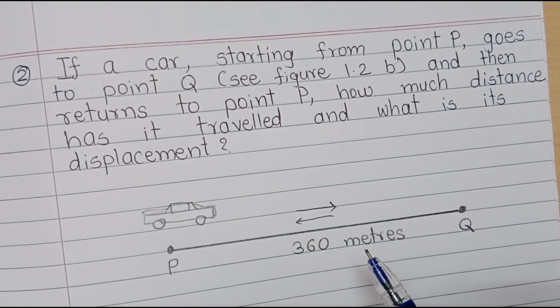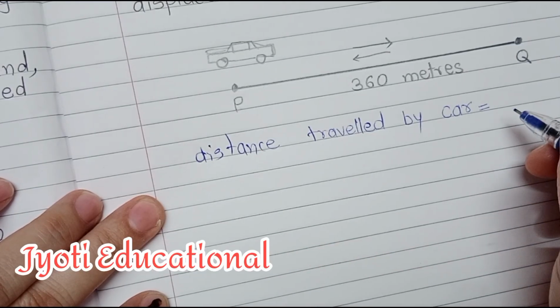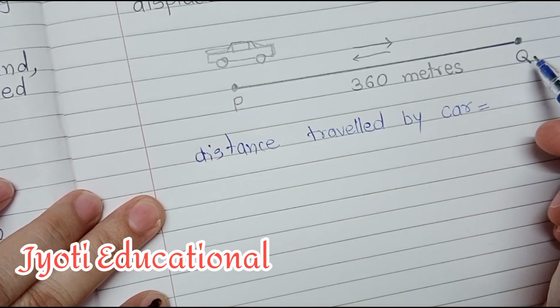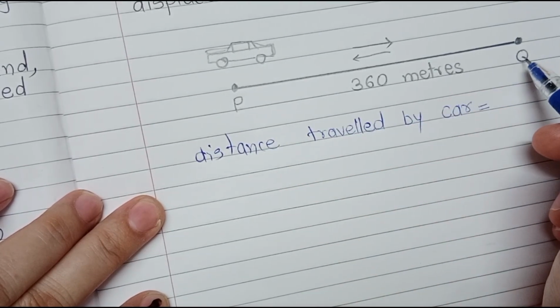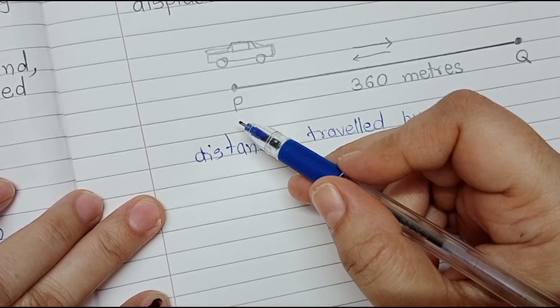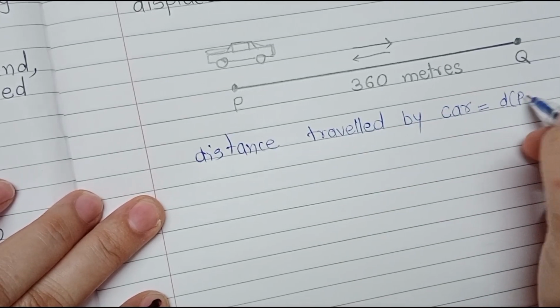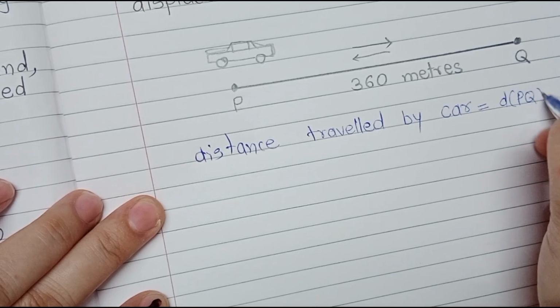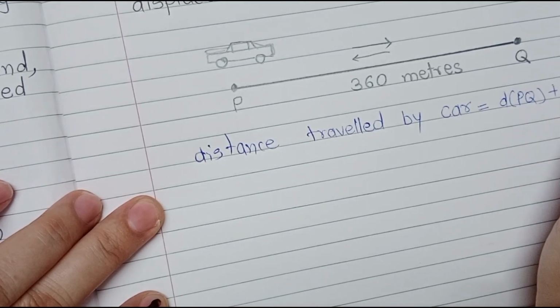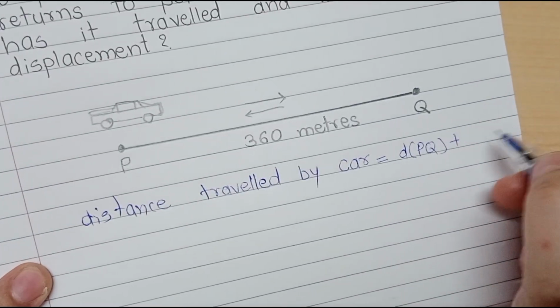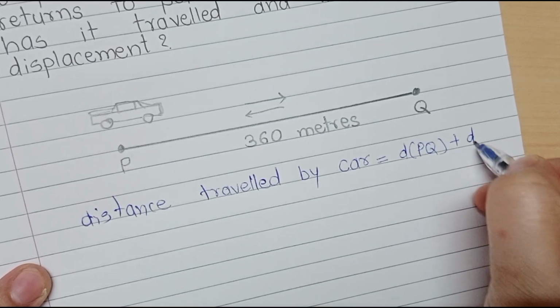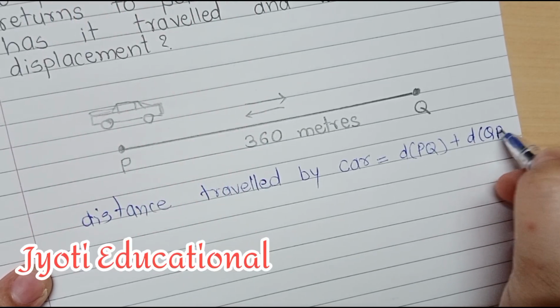Now we count how much distance is traveled by the car. PQ plus QP. So distance PQ plus distance QP.